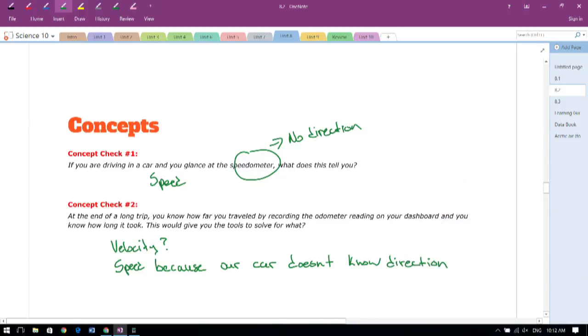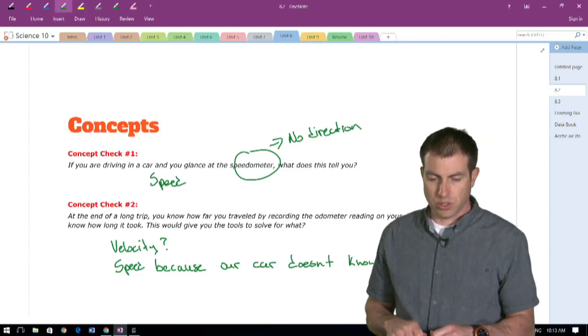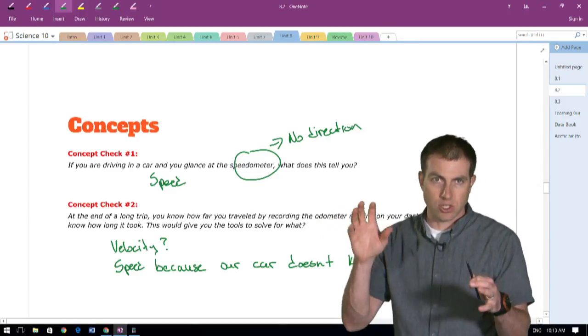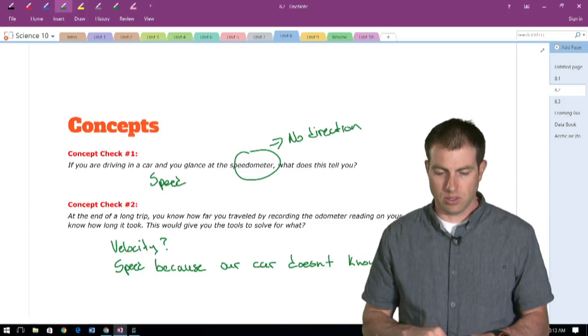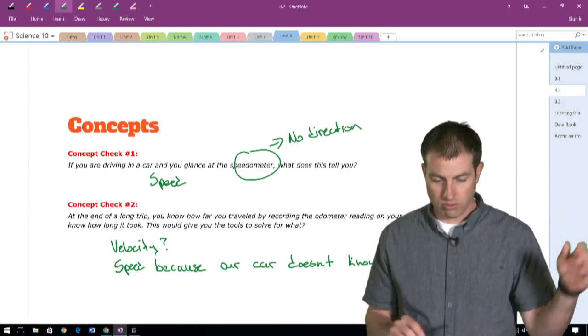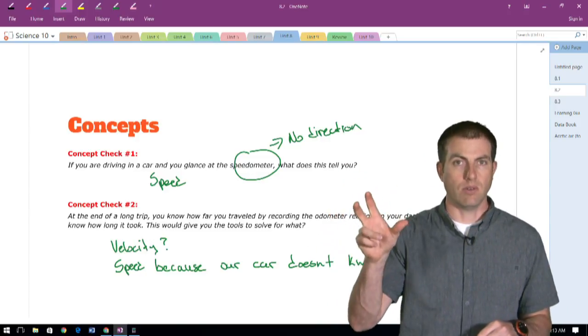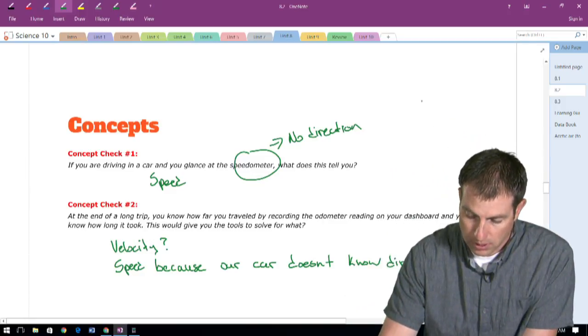When it tells me how far I went and how long it took, it doesn't understand direction. I would not doubt in the very near future cars will have navigation and all that fancy stuff. Cars will probably be able to tell you the direction and how far you went in each direction. But for now, most older cars tell you how far you went. You could look at your watch, tell the time, and you could find the speed.